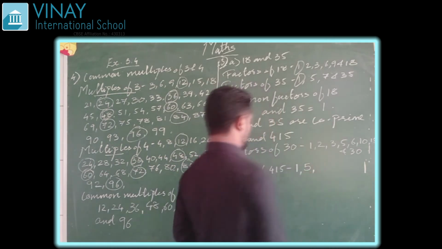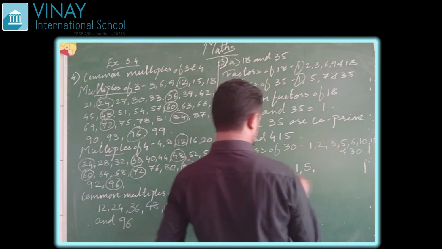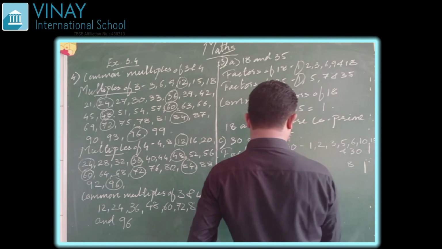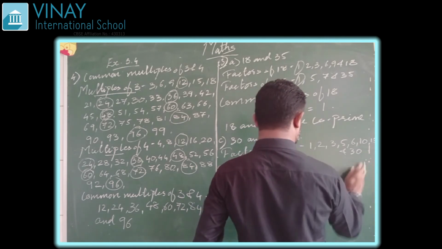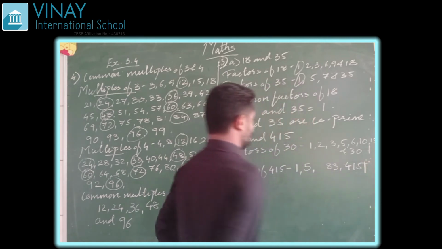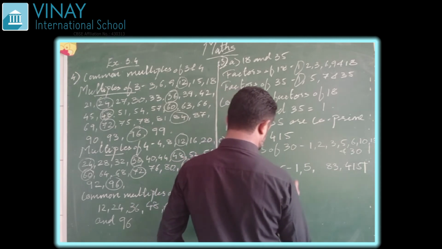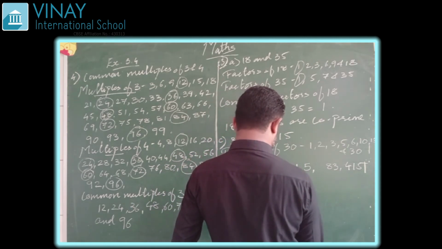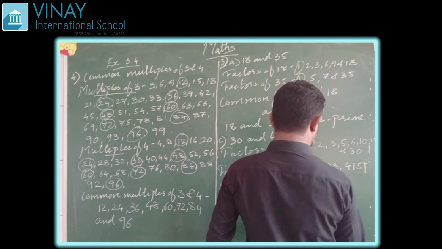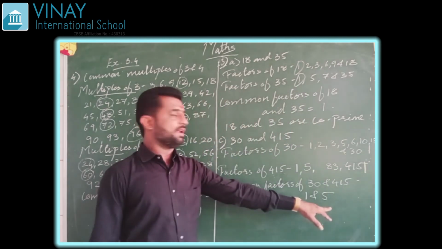It will be divisible by 5, as the unit digit is 5. That gives 83 and 415. Now the common factors of 30 and 415 are 1 and 5.